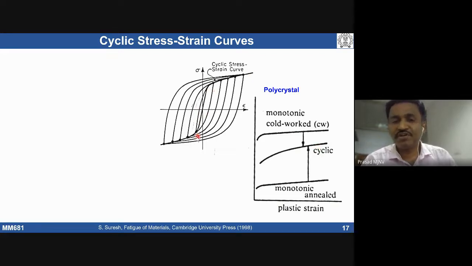In compression, you will also have a stress strain curve in the negative direction, so what is shown is basically one quadrant. It can be obtained by subjecting the material to different strain ranges, getting a saturated loop, and connecting the locus of each saturated loop. That gives you the cyclic stress strain curve.